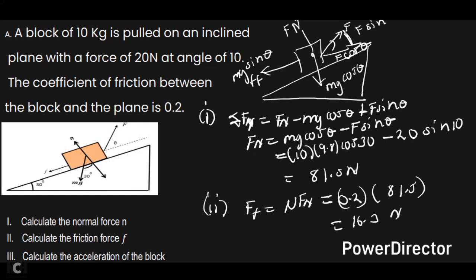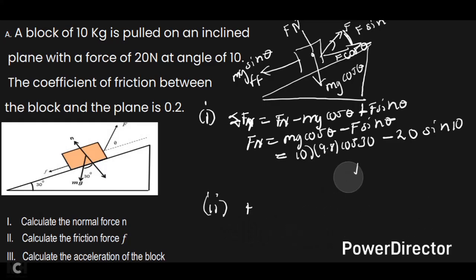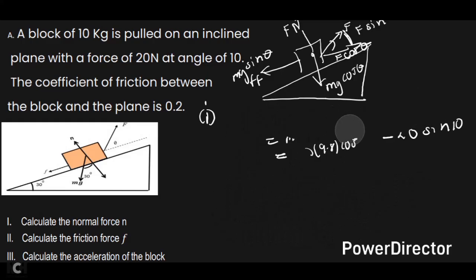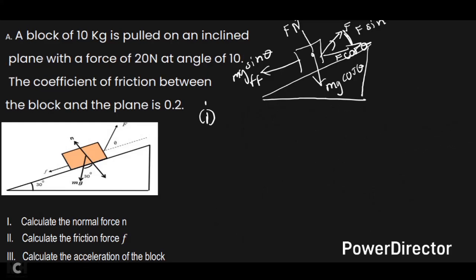Then the next part says calculate the acceleration of the block. How do we calculate the acceleration of the block? Meaning that we have to use the values in the x-axis. So ma is equal to the forces in the x-axis.